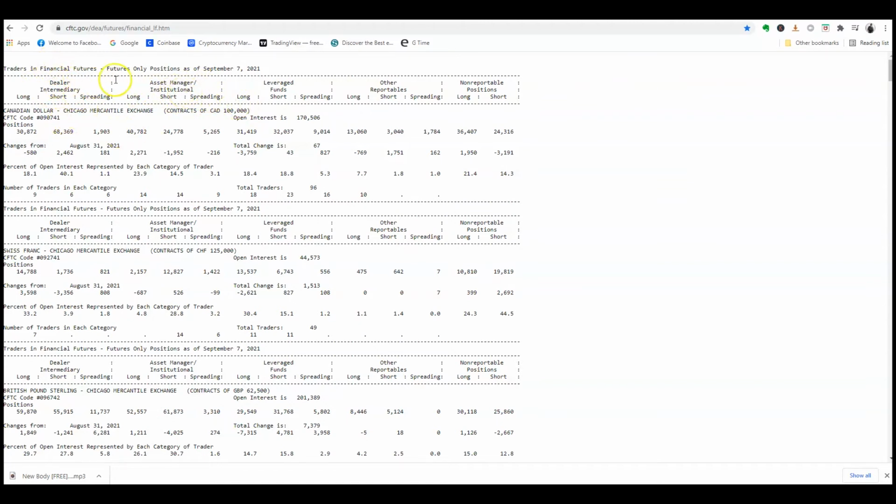On the dealer intermediary positions, it's going to be opposite of what it shows on the longs and shorts. On the asset side, it's going to be what it actually shows on the long and short position side. Now, if you're looking at the dealer side on Canadian dollar, you have 30,872 positions on long and 68,398 shorts.